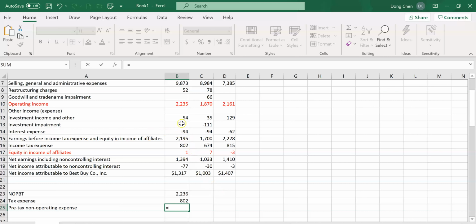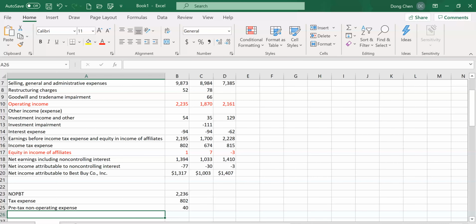So that means if we sum up all the non-operating expense, which includes investment income and other, and this interest expense, then we should add a negative sign before it, because it's treating expense as a positive number. But on this financial statement, the expense is taken as a negative number. So that's why we need to add a minus sign in front of the summation here. So that is the total pre-tax non-operating expense.